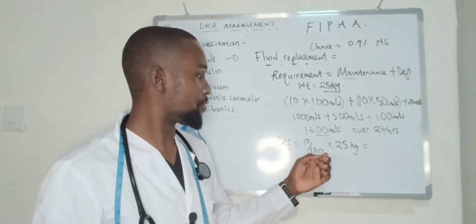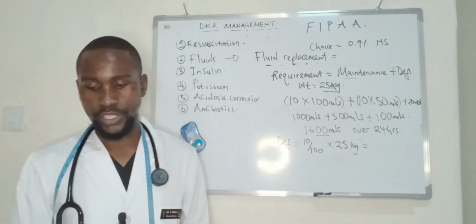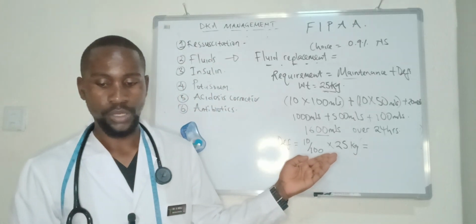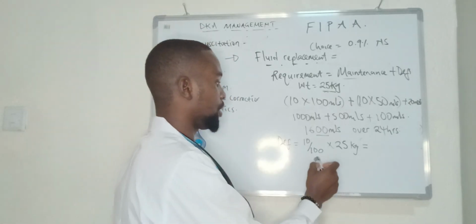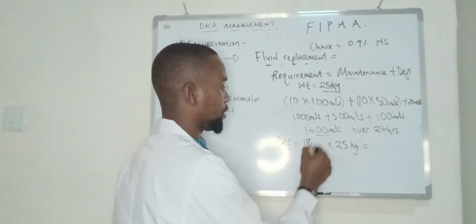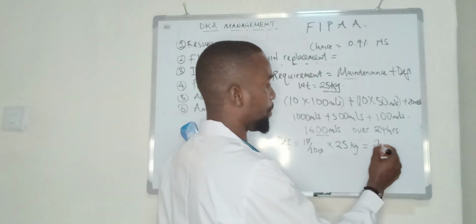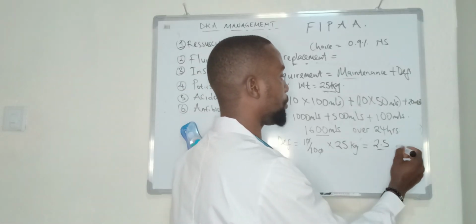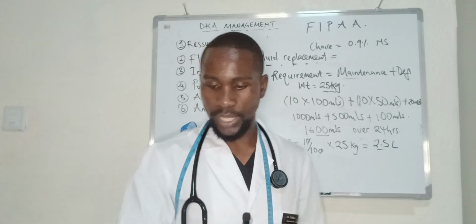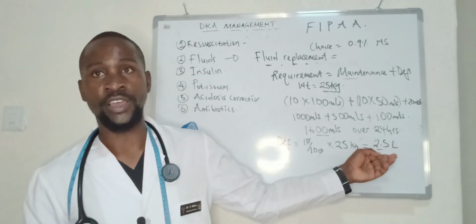When you say 10 over 100 multiplied by 25 kg, this should give about 2.5, which is in liters, so that is as good as saying 2.5 liters.